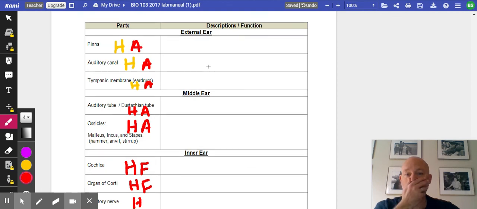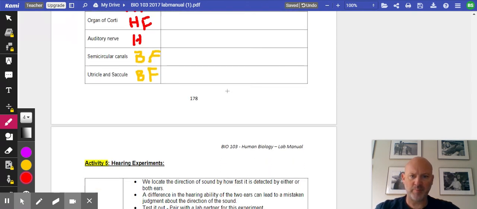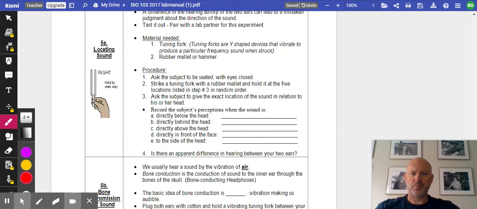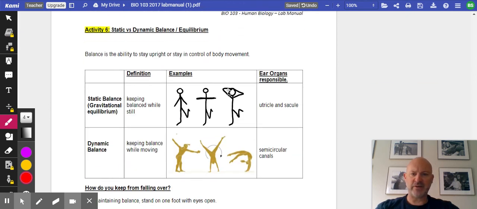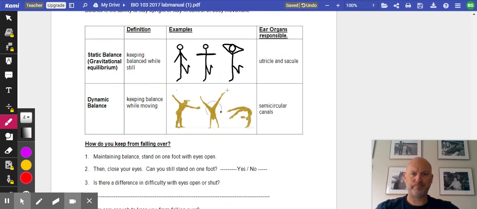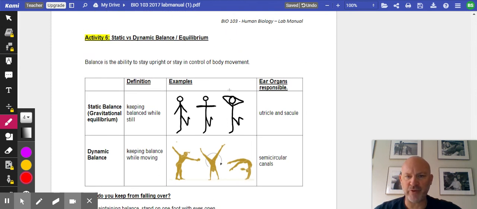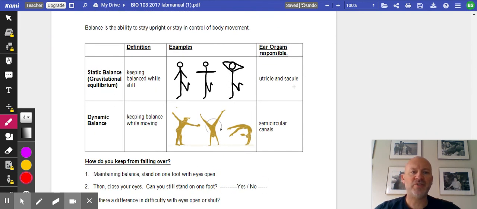All right. So then you guys could just put descriptions in there. More activities that we're not really capable of doing, but you could read through them. Oh, this is a good table that kind of describes the difference between what's going on with semicircular canals. Remember, semicircular canals is more for rotational equilibrium.